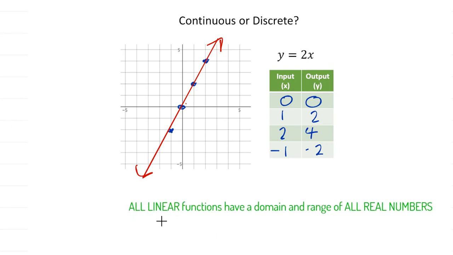If you haven't seen this symbol before, you may or may not have seen -infinity to +infinity. Every number in between we can pick for X and we'll get a Y value back, okay? So all linear functions have a domain and a range of all real numbers. Sometimes they say all reals, sometimes they say -infinity to +infinity. You'll see all three of them and more. Okay, that's what that means though.